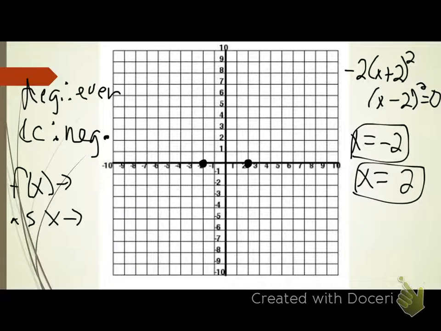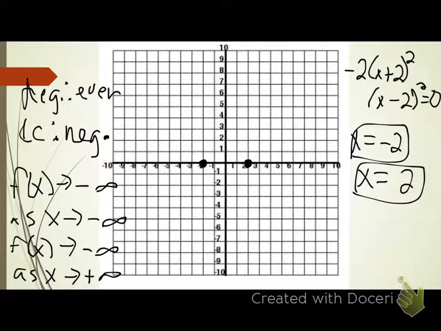Yep. F of x goes to negative infinity as x goes to negative infinity, and f of x goes to negative infinity as x goes to positive infinity. So there's the end behavior of my function.